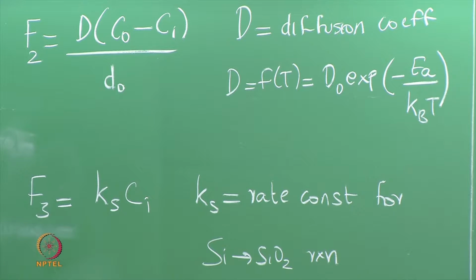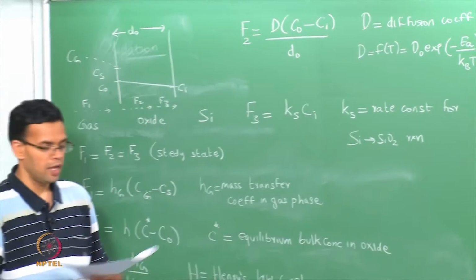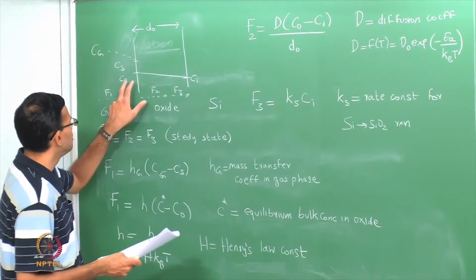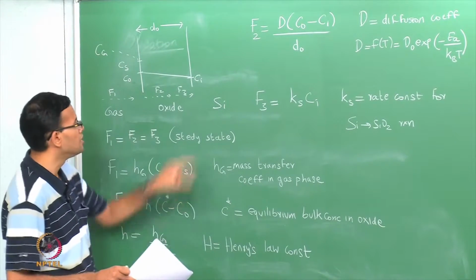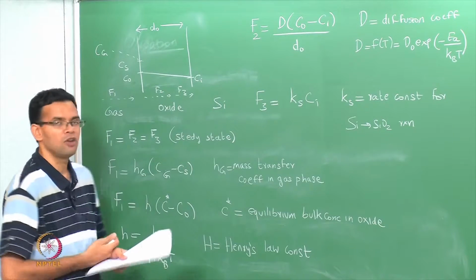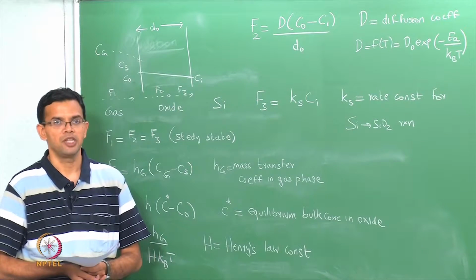So, by equating F1 equal to F2 equal to F3, it is possible to get the expressions for both C naught, which is the concentration at the surface, and Ci, and also how the thickness of the oxide layer changes as a function of temperature.